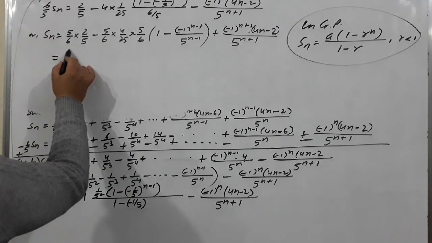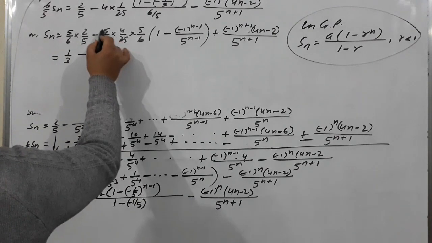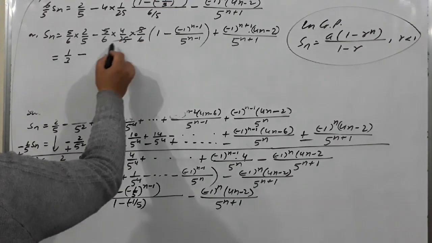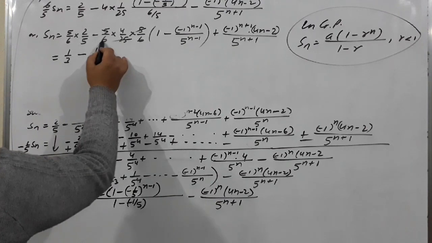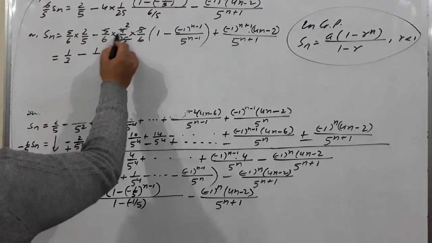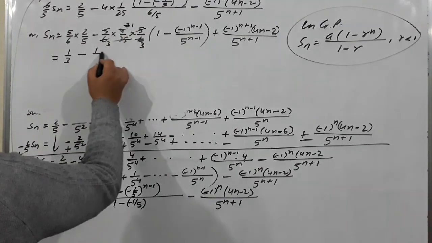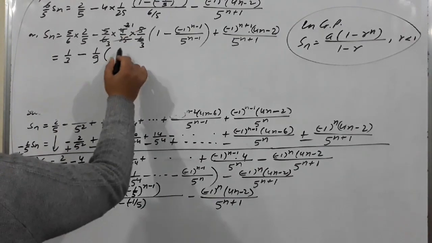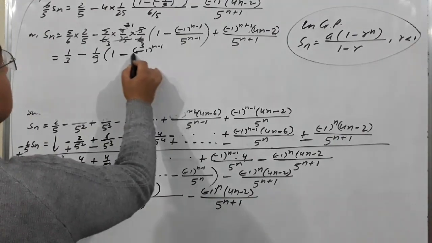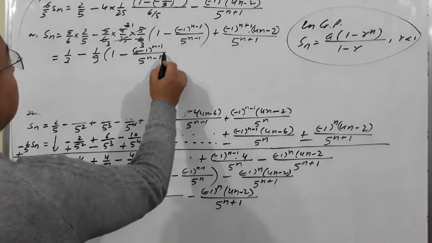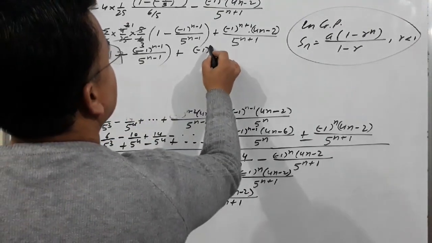5 will cancel, 1 upon 3 minus 25 cancels, 4, and here you will get 2 ones are 2 and 2 threes are 6, then again 3, 1 upon 9. You are going to get 1 minus minus 1 raised to power n minus 1 over 5 to the n minus 1 plus minus 1 raised to power.